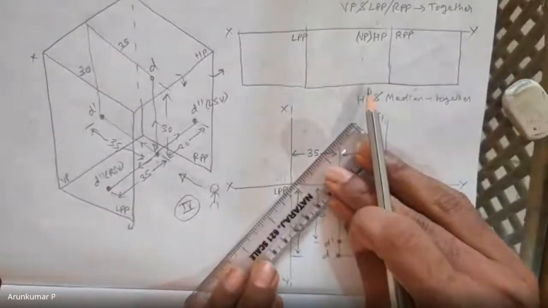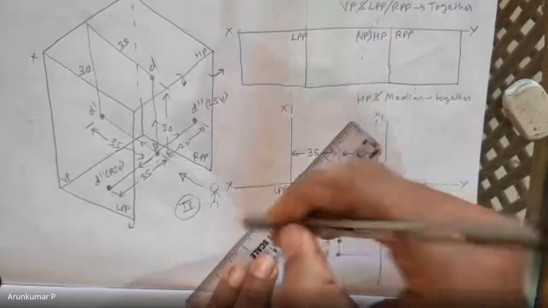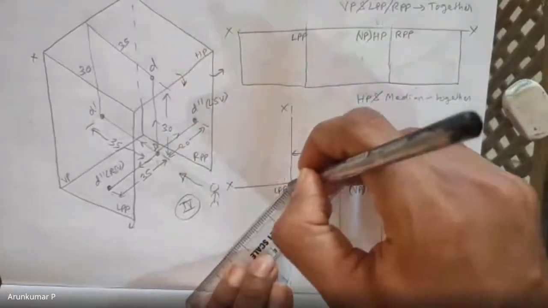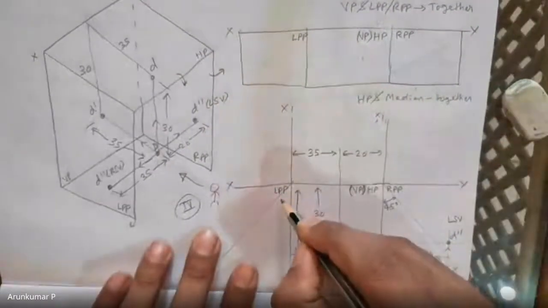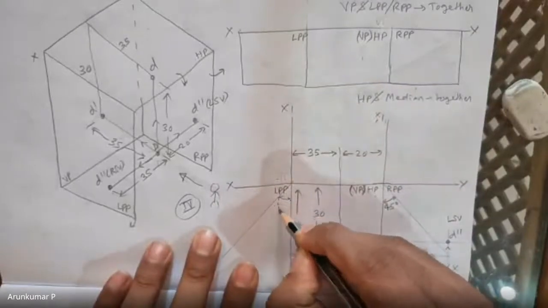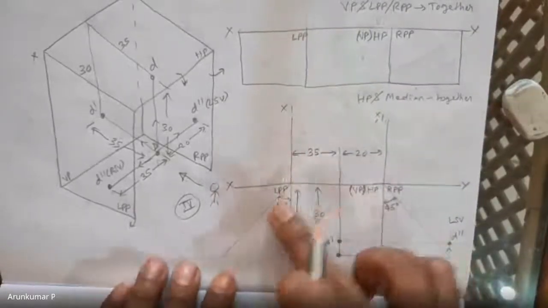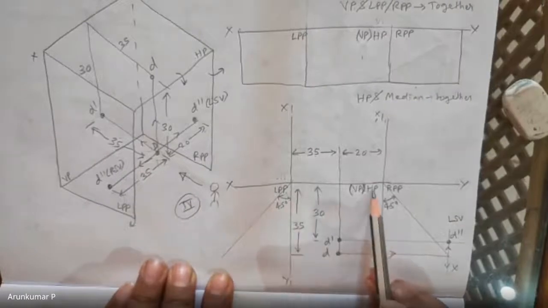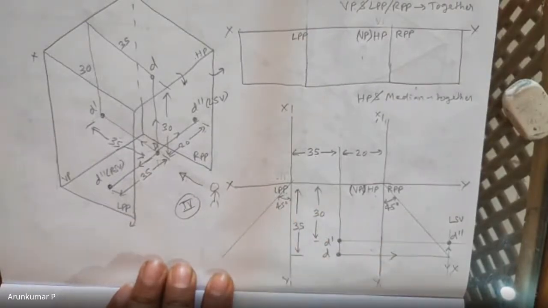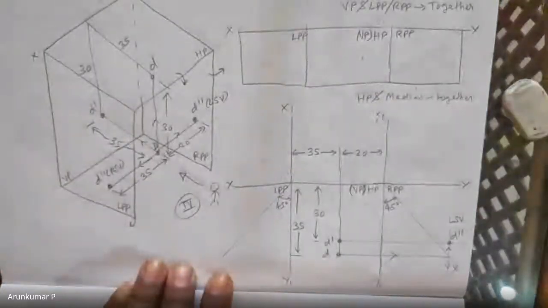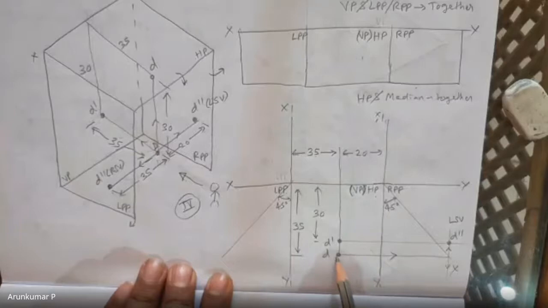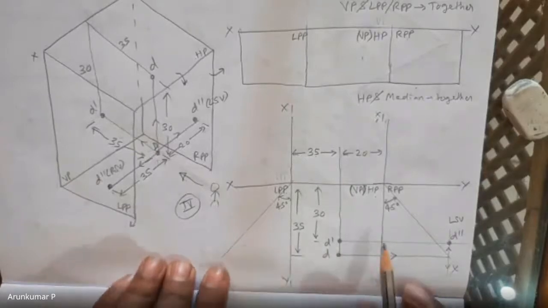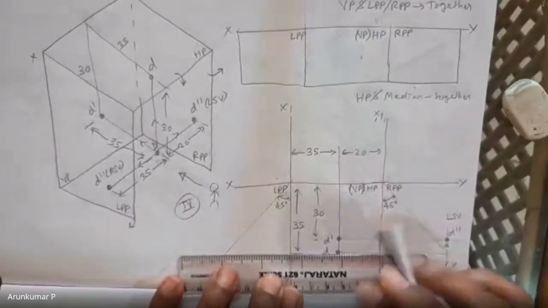So draw the 45-degree median line in the left profile plane. So the median line is beside HP to the left side. That's it. Now what do you have to do? Project the top view onto the median line like this.